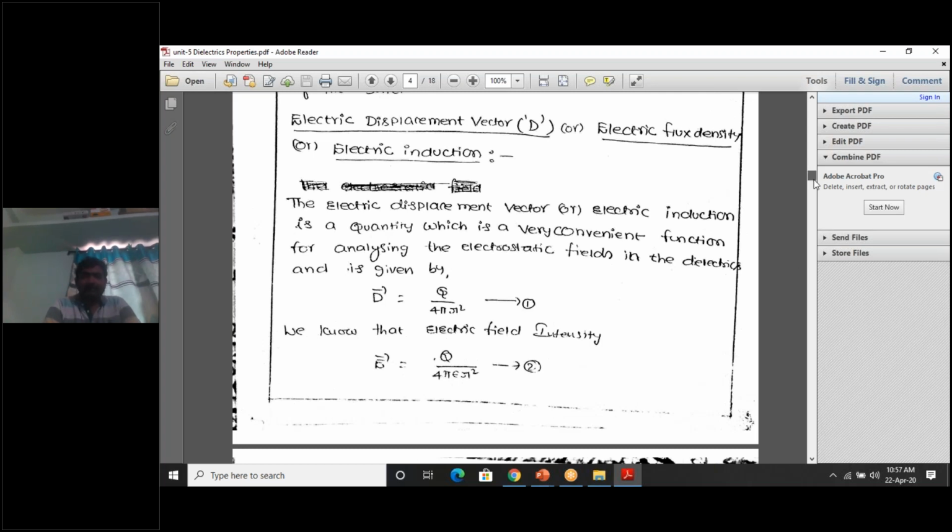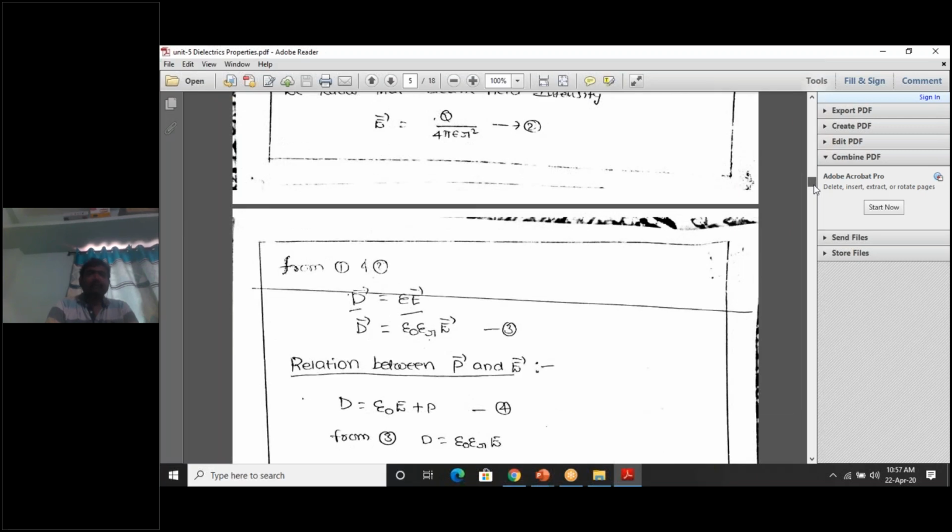D is equal to epsilon into E. We can say that the electric displacement vector D is the product of epsilon into E. So what is epsilon? The permittivity of the medium of the given dielectric, and E is the applied electric field strength.